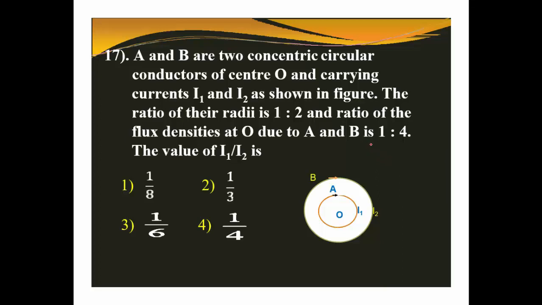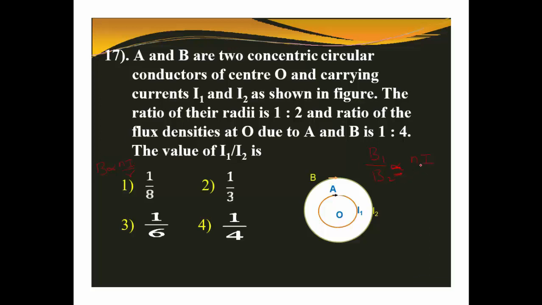So the same straight formula, B1 by B2. The magnetic field is proportional to the number of turns N, current I, and radius R. B is proportional to N I by R. So here for B1 by B2, N is constant.